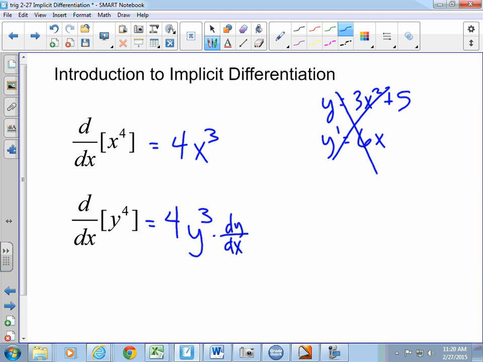This one is the derivative of y to the fourth. So the y is the x to the fourth. If it gave you a function like y equals, would it say dy dx? It would. But because that one's just x, right, just x.